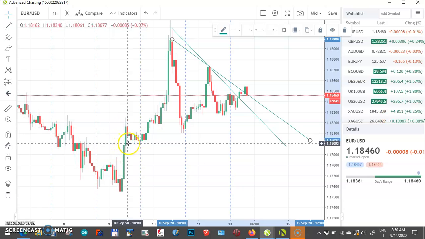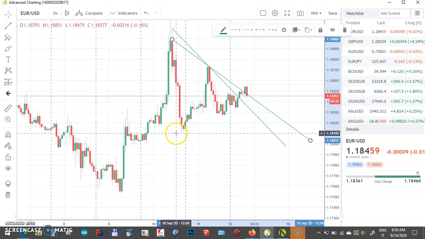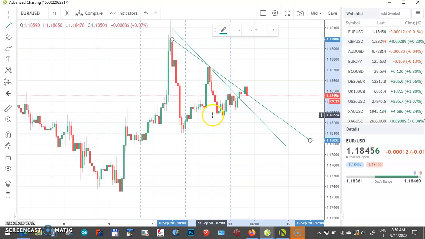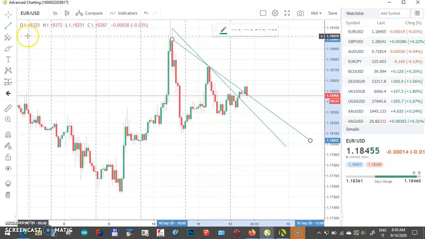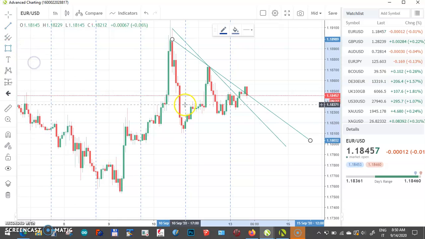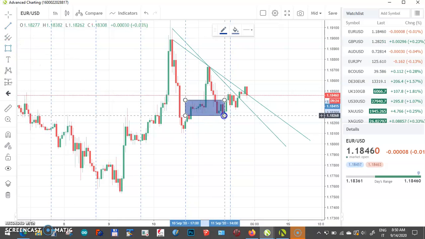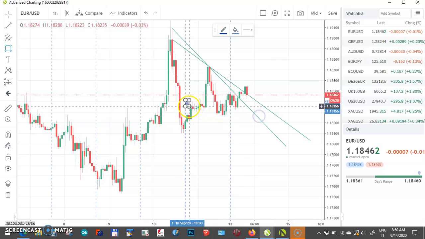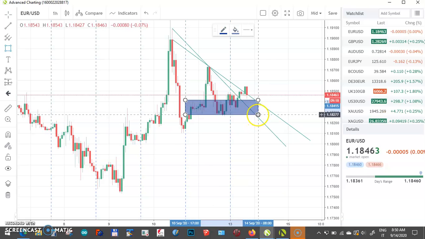market has to go down to this area, this, and this. This has been an area already worked. Sorry.